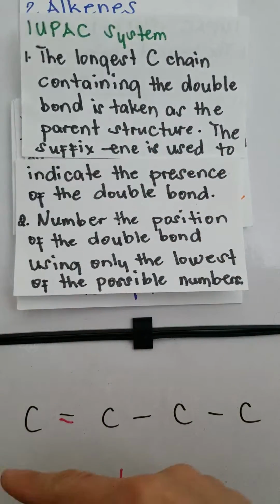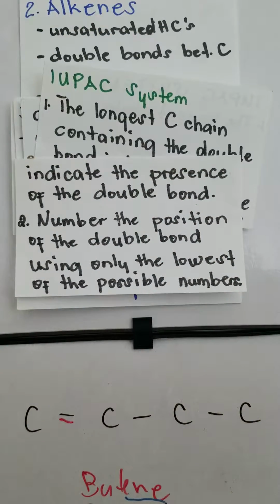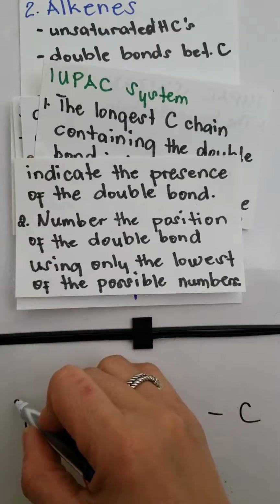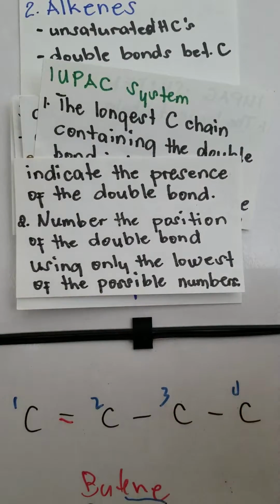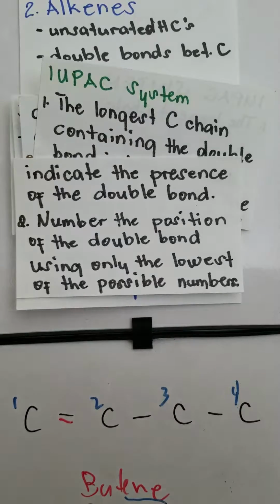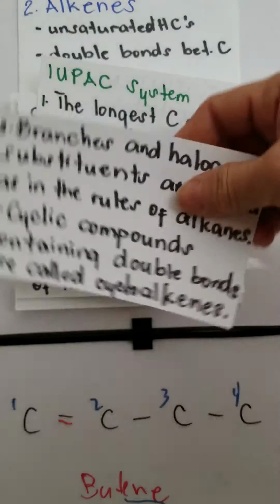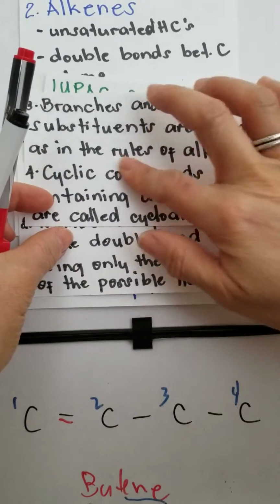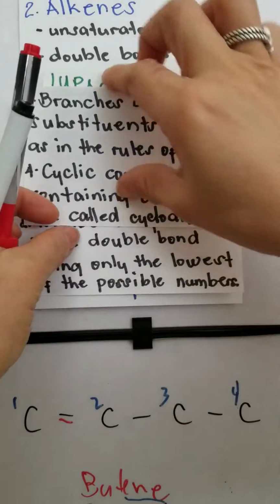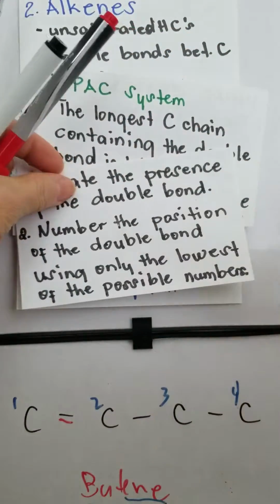Since it is nearest to this end, our first carbon atom is on this side. 1, 2, and then continue assigning your carbon atoms until the other end of your chain of carbon atoms. Then the third rule is branches and halogen substitution. That's for the next rule, but for the second rule, let us finish this.